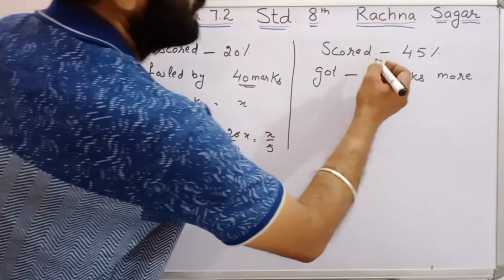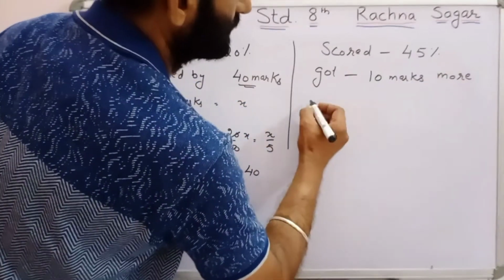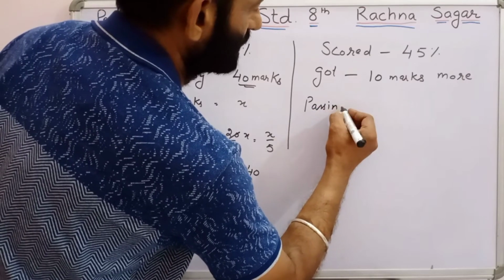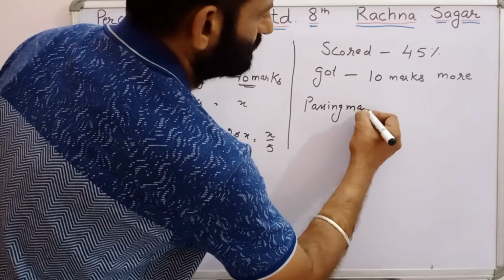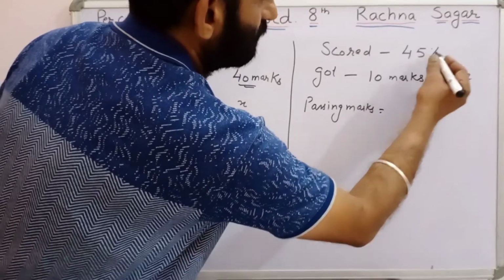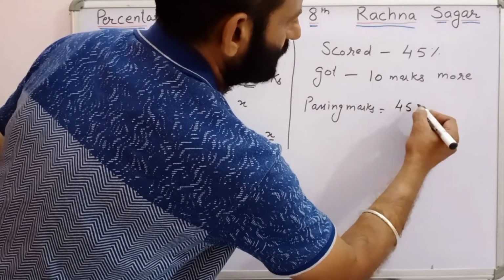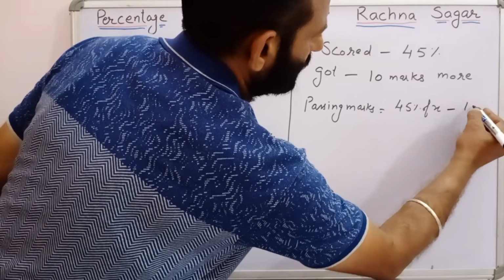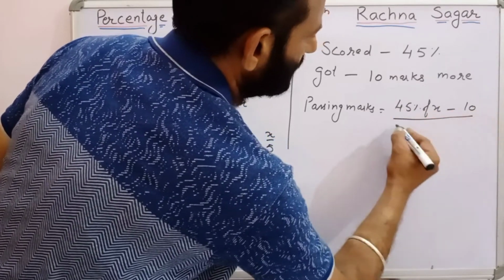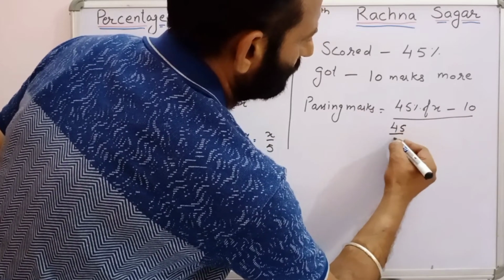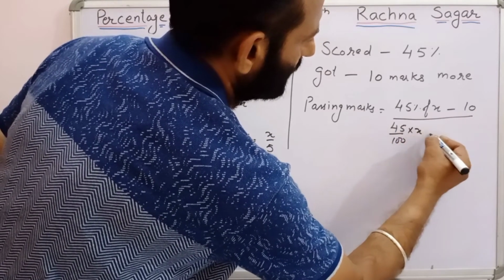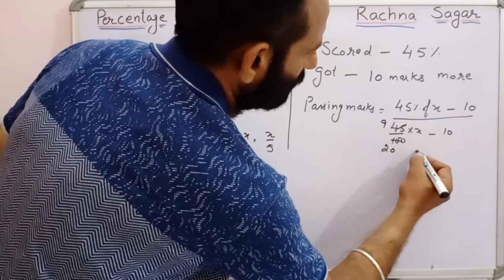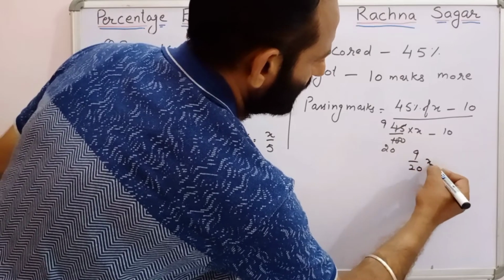Now second student scored 45% of the marks and got 10 marks more than required for passing. Therefore passing marks become 45% of x minus 10, that is 45 over 100 into x minus 10, that is 9 over 20x minus 10.